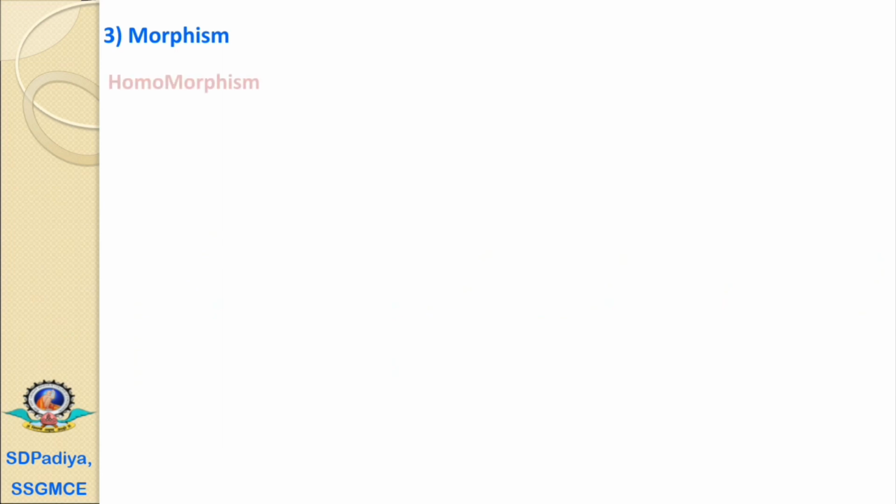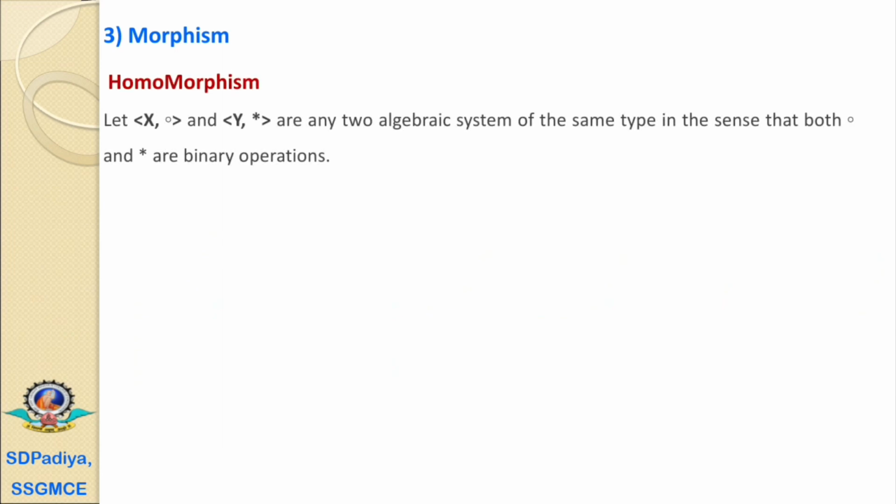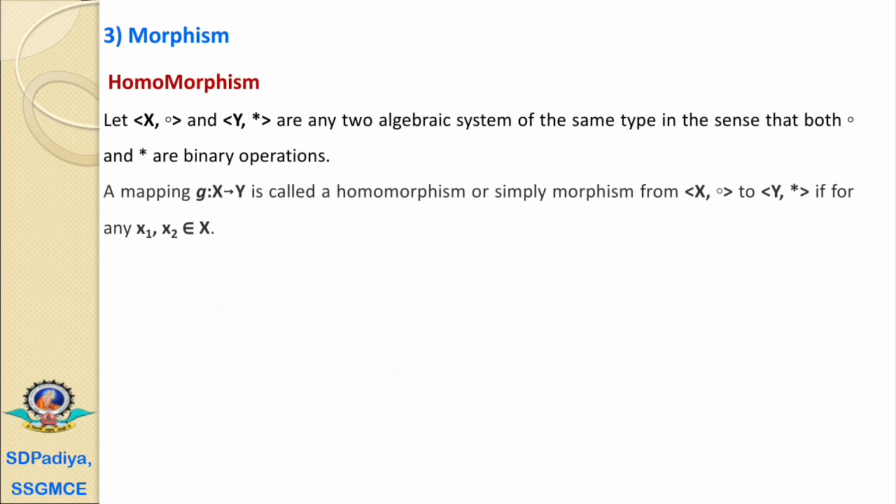Now based on this, we have some definitions for the morphism. The first is homomorphism. Let an algebraic system X with the composition operation and a second algebraic system Y with the asterisk operation, that is multiplication operation, be any two algebraic systems of the same type, in the sense that both composition and multiplication are binary operations.